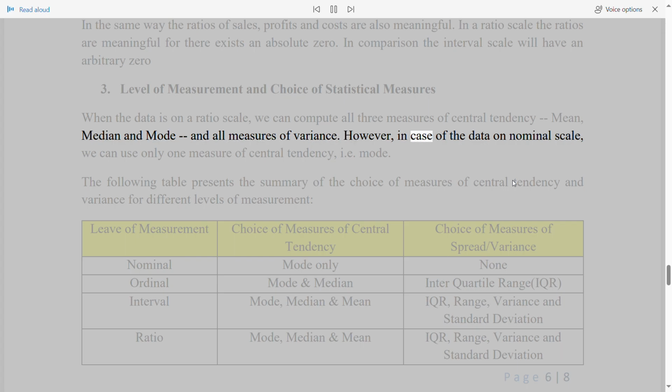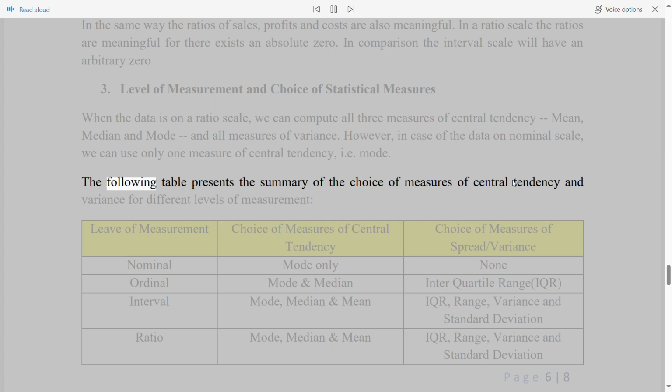However, in case of the data on a nominal scale, we can use only one measure of central tendency, i.e. mode. The following table presents the summary of the choice of measures of central tendency and variance for different levels of measurement.